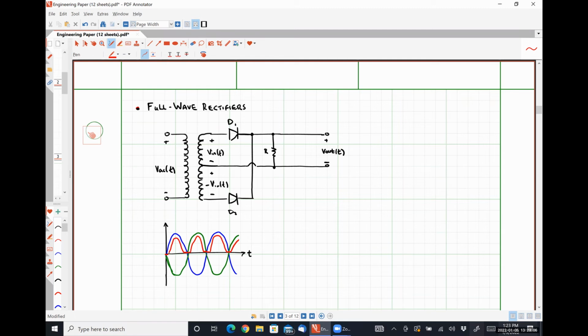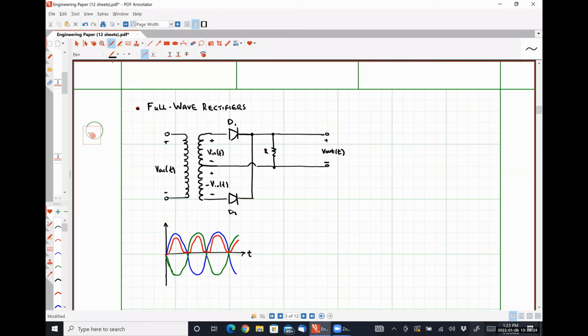That's not truly what's happening, but that's what it looks like. So we get the rectification for the positive and negative half cycles, so that we always have a positive output or zero. Okay.